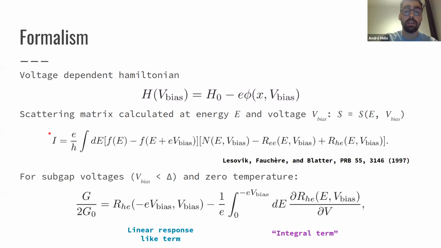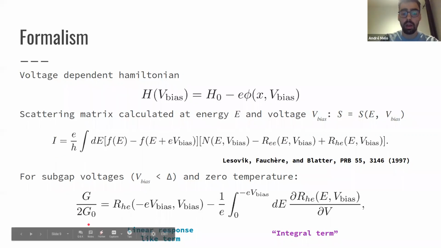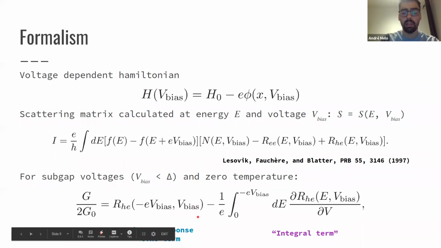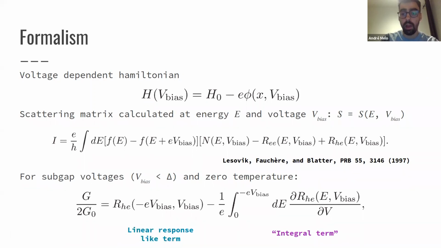We can differentiate this expression with respect to the bias voltage to obtain a conductance. If we look at subgap voltages, we end up with a simpler expression that I'm showing here at the bottom. The conductance splits into two terms. The first one we call a linear-response-like term, because if we take the linear response limit and neglect the voltage dependence, this is the only term that survives.